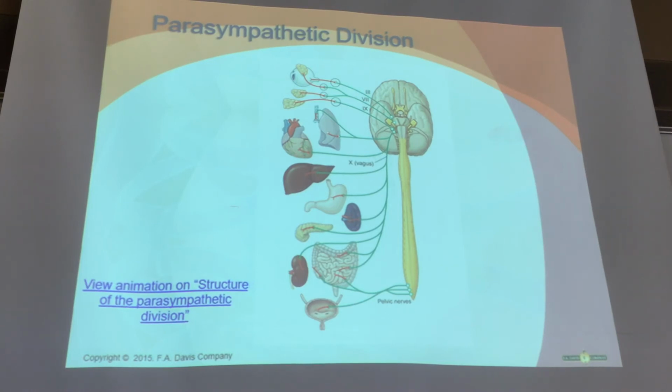It doesn't give you this whole big body response, and so that ganglia is going to be in that very specific target organ. So let's write those out here. The preganglionic fibers are long, postganglionic are short, and it goes to a very localized area.